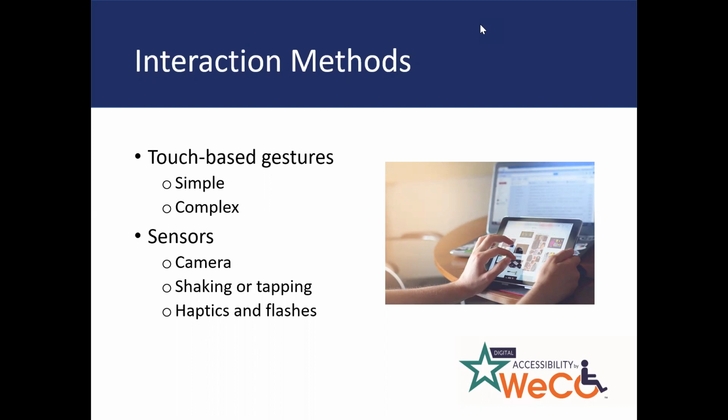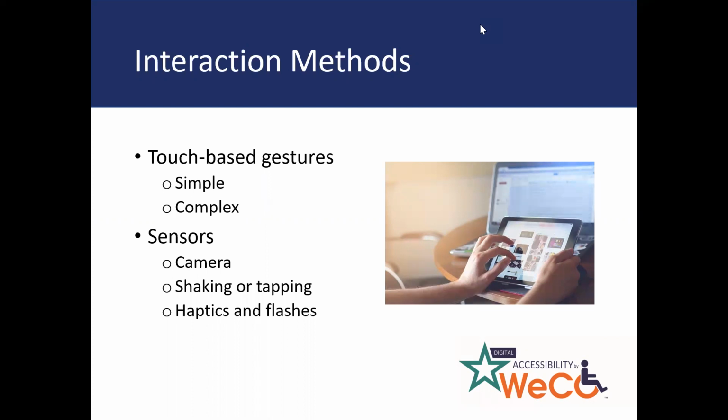For example, a camera can scan payment methods for a blind or low vision user. Shaking or tapping the back of a device can activate selectors for users living with a motor disability.